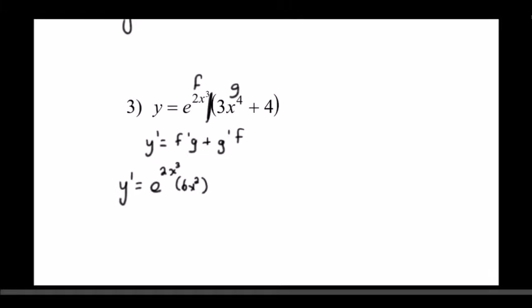Now we multiply that by g, so that's 3x to the 4th plus 4. Now we need to add, following the product rule from above. Now we need g prime. g prime is the derivative of that piece of the function, so that's going to be 12x cubed. And now we multiply that by f, which is e to the 2x cubed.